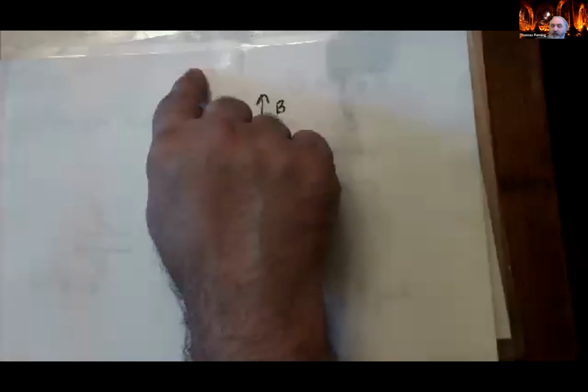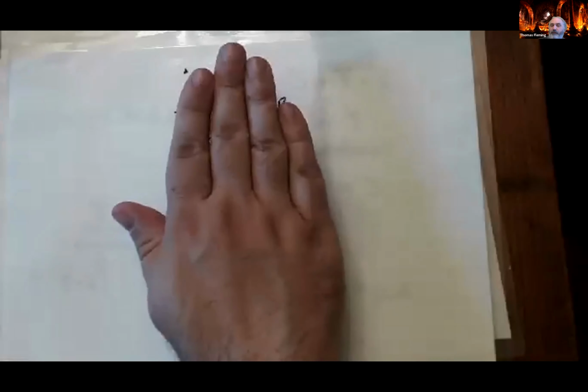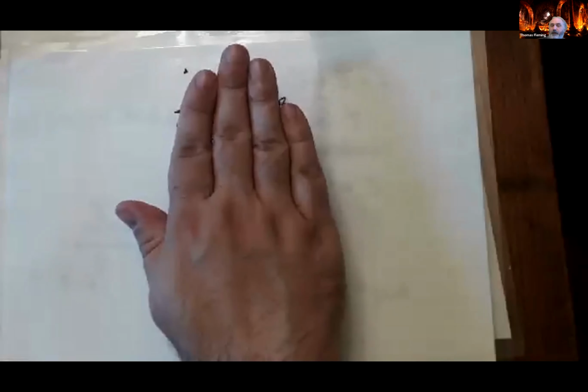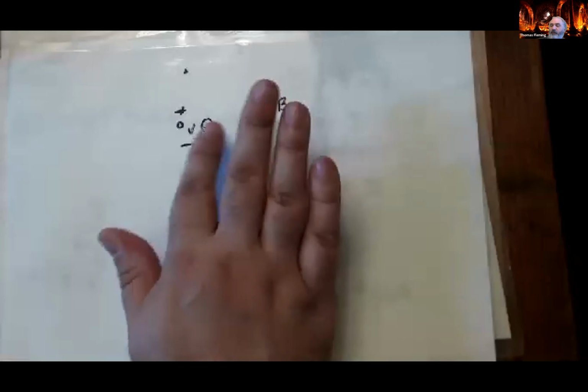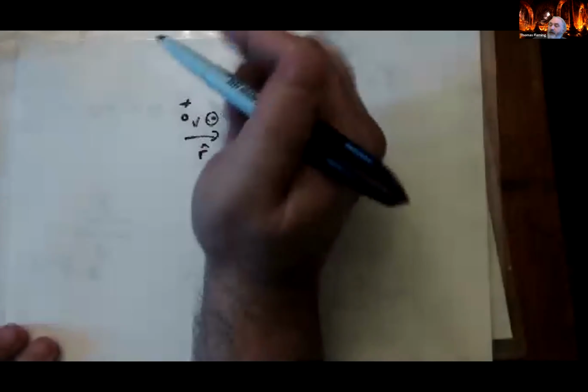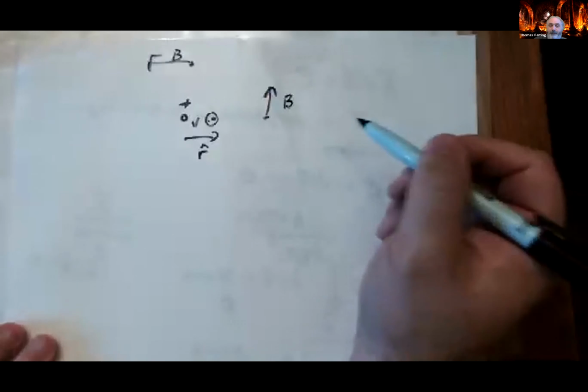Well, r hat points from the charge towards the place I'm looking, so r hat points in that direction. V still points out of the page. So start my fingers in the direction of V, bend them that direction. My thumb will point to my left. So the magnetic field at that location looks like that.